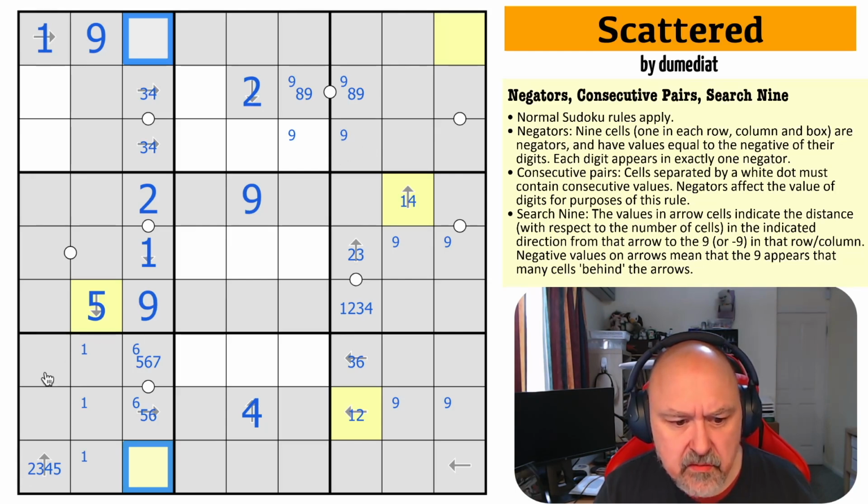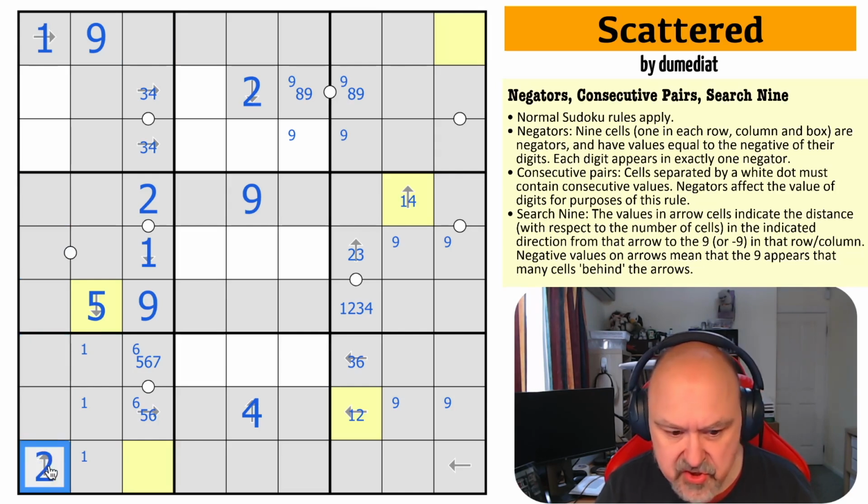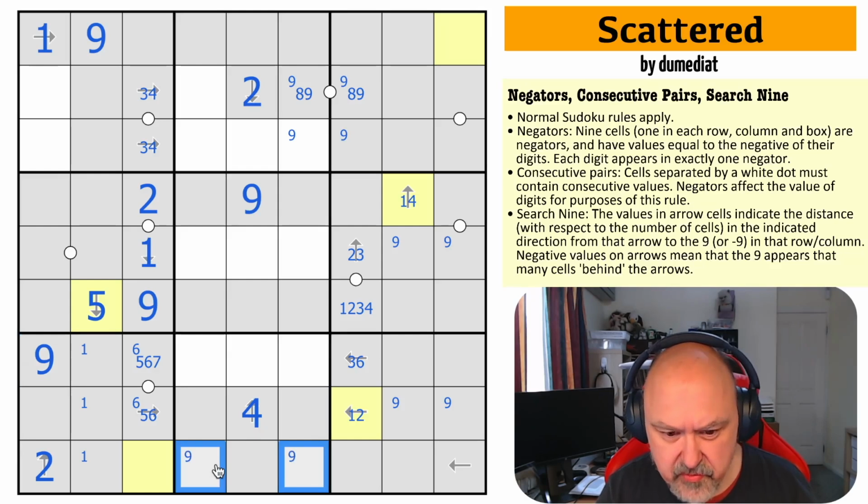Nine. Well, hang on. This can't be 3, 4, or 5 anymore. 9 is in this box, but I can't put a 1 here. So this is a 2 and a 9, which means 9 is in one of those two, which means this is 3 or 5.